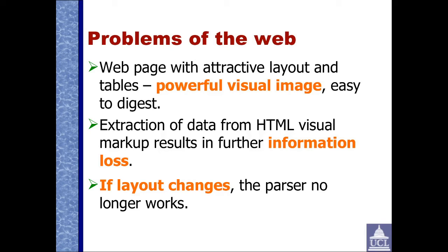Trying to extract data from HTML visual markup results in information loss. And of course, if the layout changes, if you've tried to extract data from a web page with some sort of parser that you've written, then the page will break.